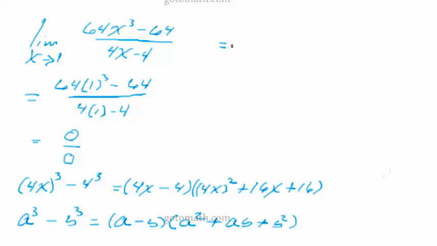Now let's go up here and rewrite this limit. So the limit as x approaches 1, and so we end up with 4x minus 4. And you know what? I'm going to go ahead and turn this back into what we had originally here. So this is 4x squared, so this is 16x squared plus 16x, then plus 16.